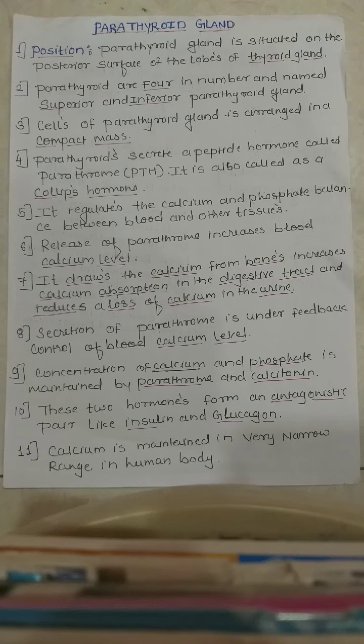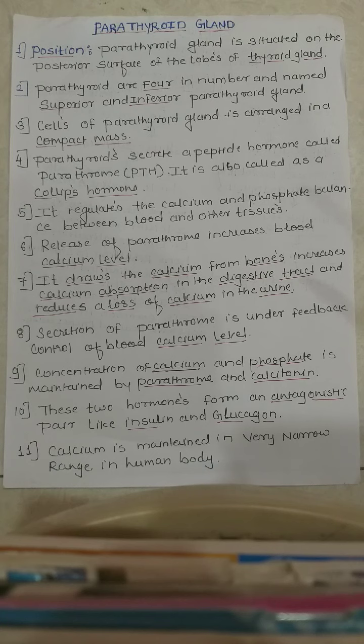First of all, we'll discuss the position of the parathyroid gland. As you know, we have discussed the thyroid. The thyroid is present in the anterior region of the neck, in front of the trachea, just below the larynx.